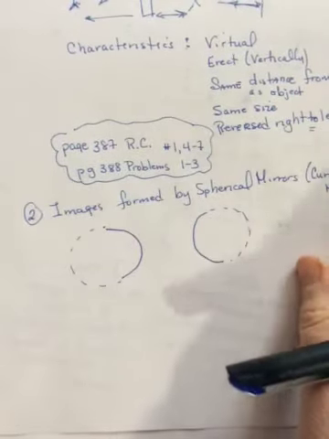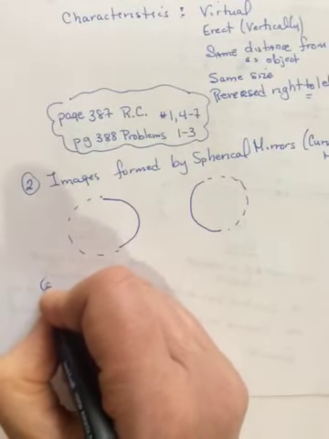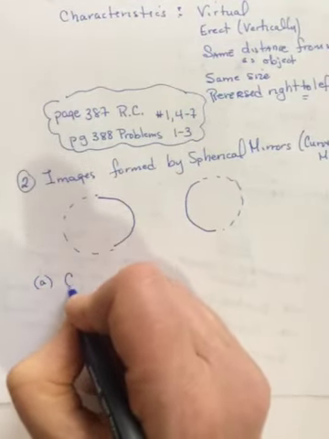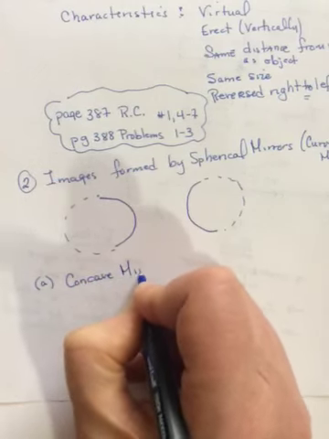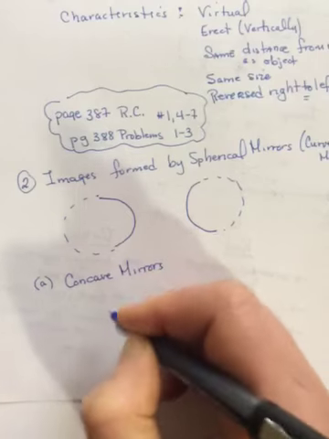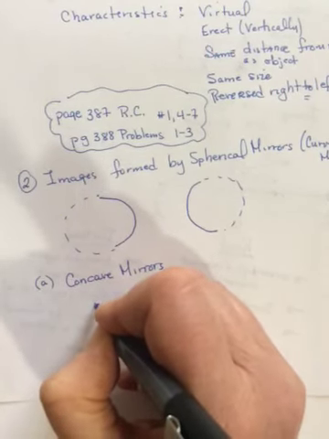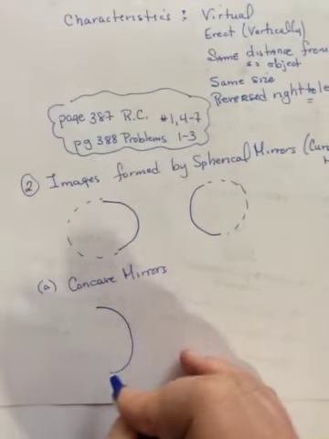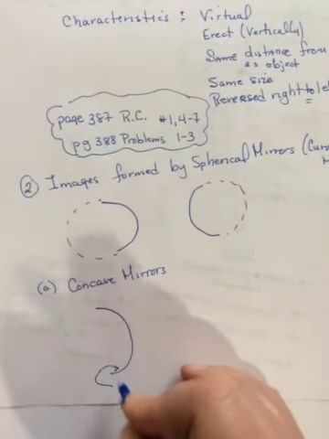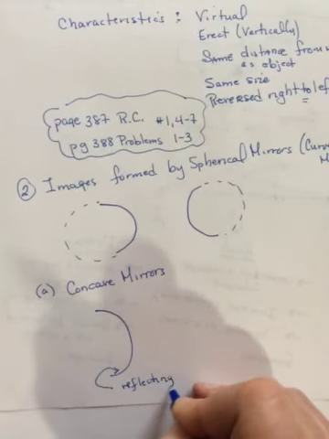Okay, and there are 2 different types of spherical mirrors. Type 1 is called concave mirrors. In concave mirrors, the reflecting surface curves inward from the edges. So it looks like this, and this side is the reflecting surface. So this is concave.